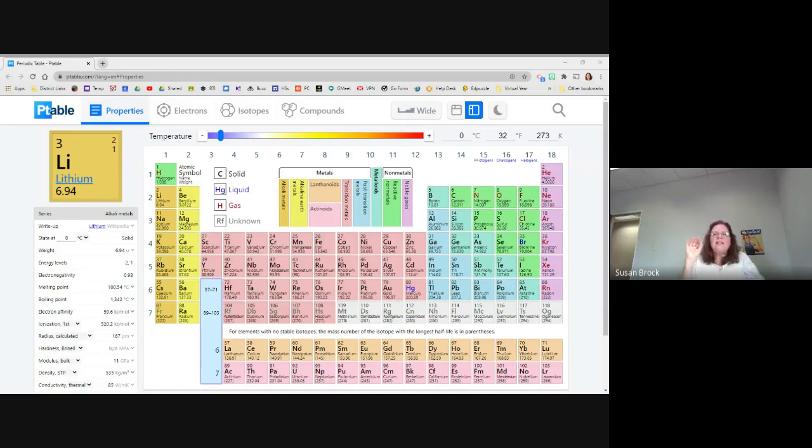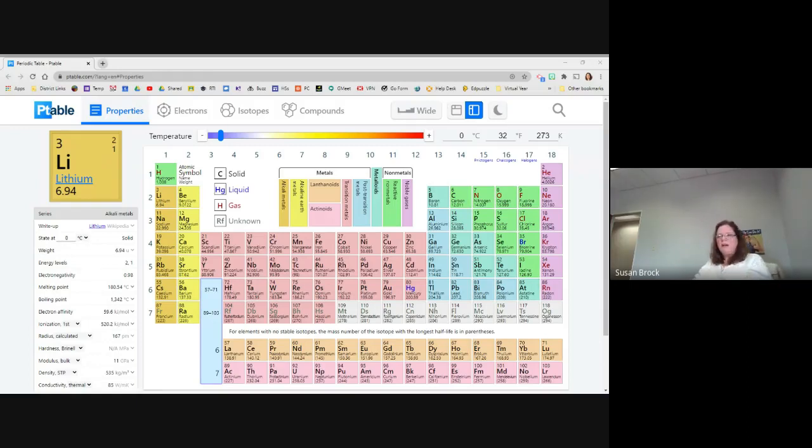But that decimal on the periodic table is an average, and never, ever use it as a mass number. Mass number is the amount of particles, and you can't have 0.9 of a particle, right? We're going to count the particles, and we can't have 0.9.